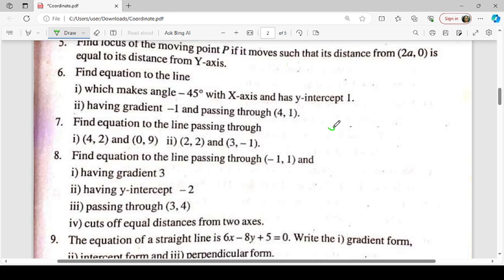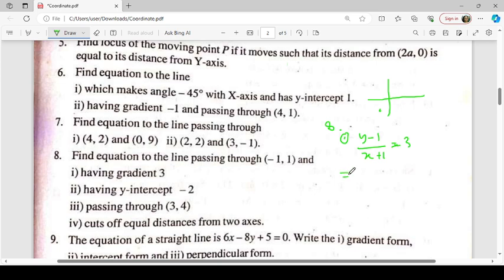So number 8, minus 1, 1 is the point here, this is minus 1, 1. So number 1 is passing through this and having gradient 3. It is y minus 1 by x minus minus 1, it is x plus 1, is equal to 3.